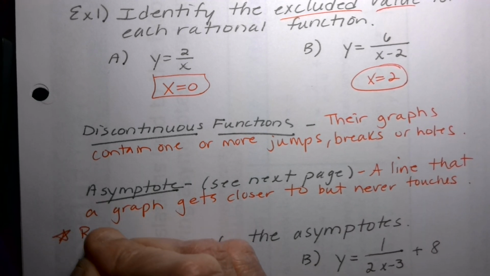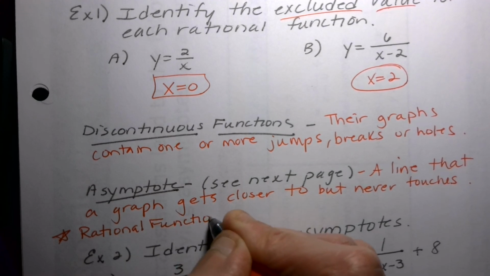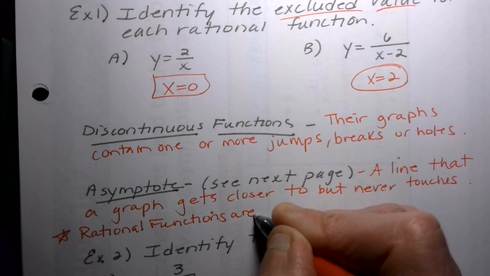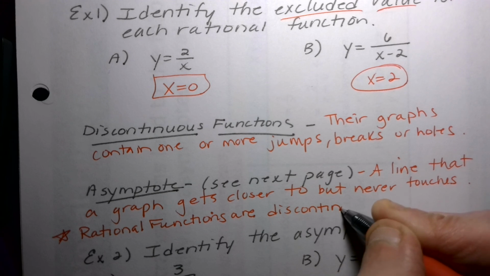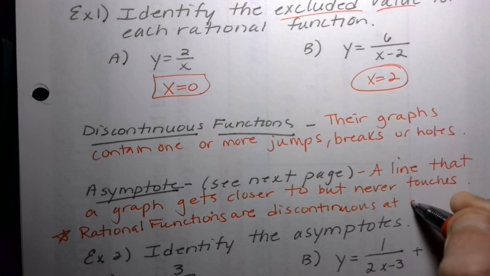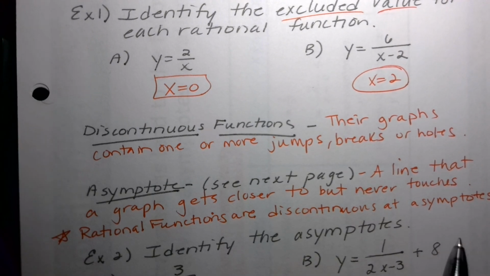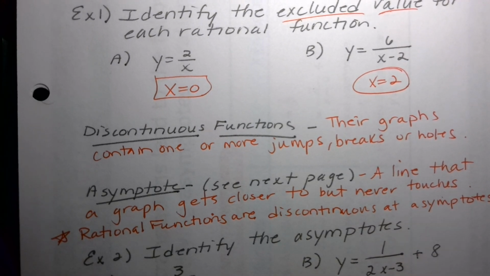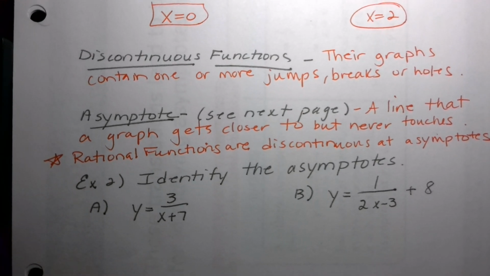And specifically in this section, the rational functions we're going to be talking about are discontinuous at the asymptotes. At those lines. Remember, they're lines. So once we find these lines, we know that the graph will butt up to them. I'm going to show you what these pictures look like for rational functions in just a second. I first have to show you how easy it is to actually find the asymptotes.